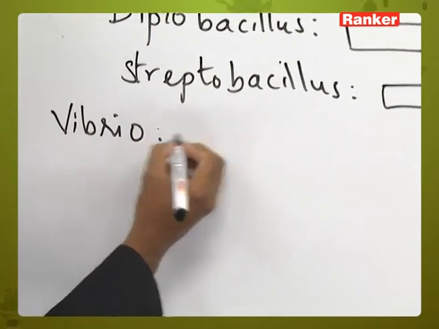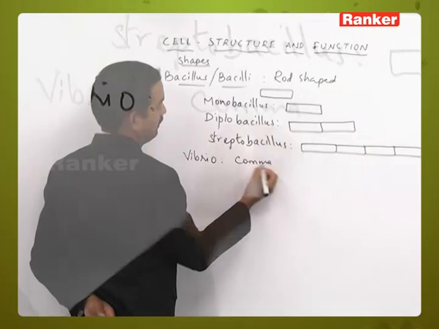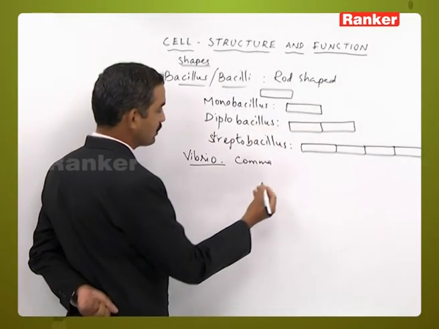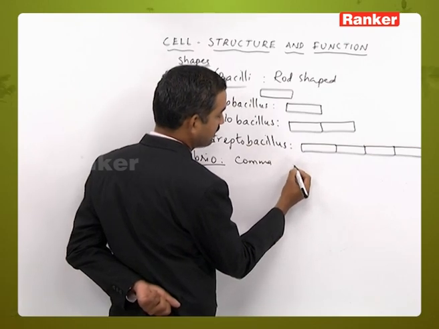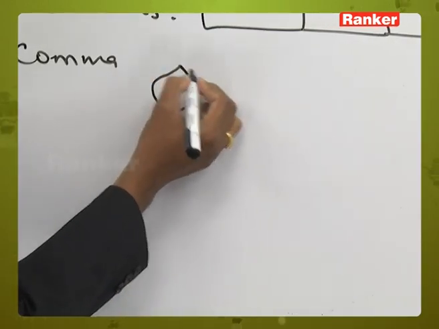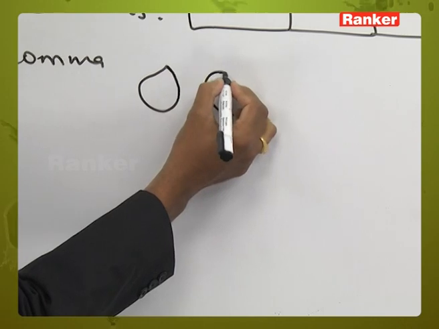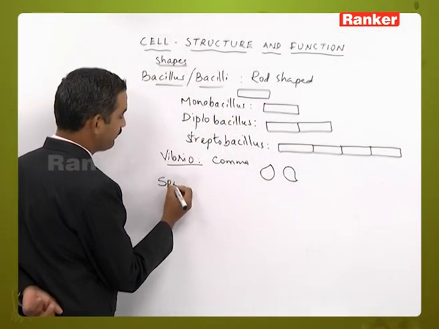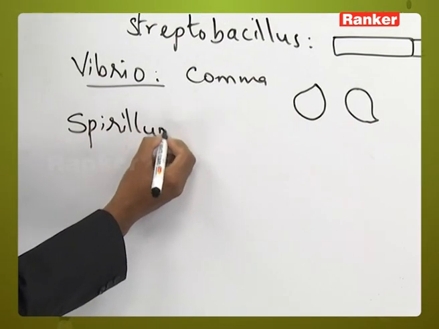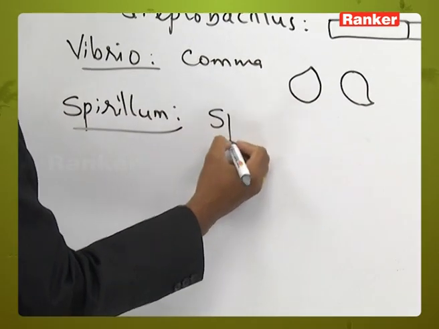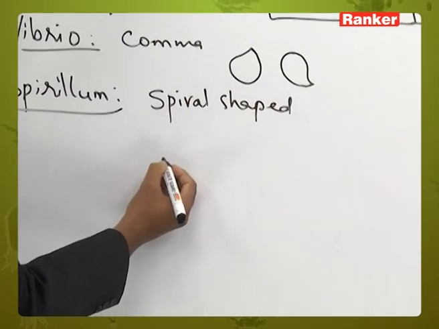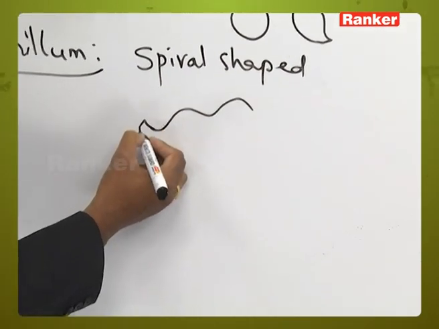Then Vibrio: comma shaped bacteria are called Vibrio. The best example is Vibrio cholerae. So in this we can see this type of structure. Then Spirillum. Spirillum means spiral shaped bacteria, in which the coilings will be there like this.